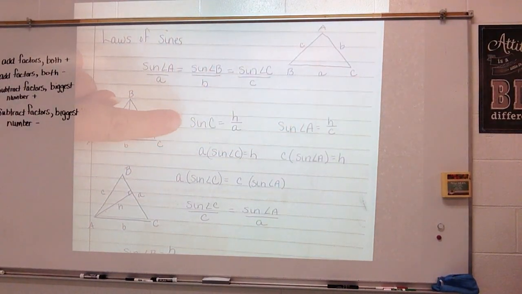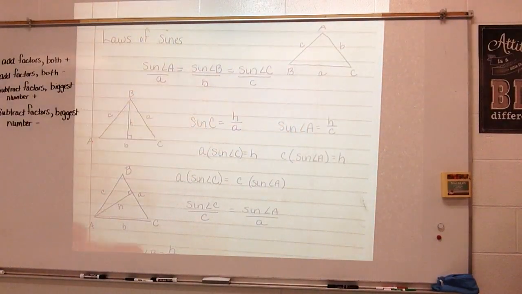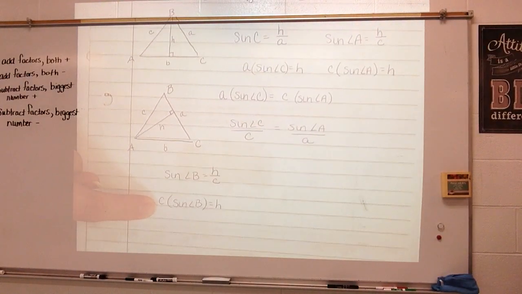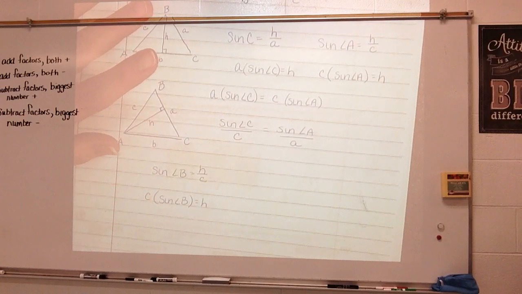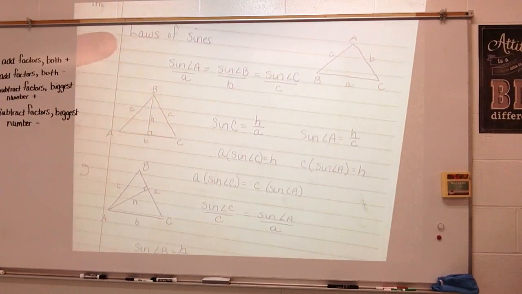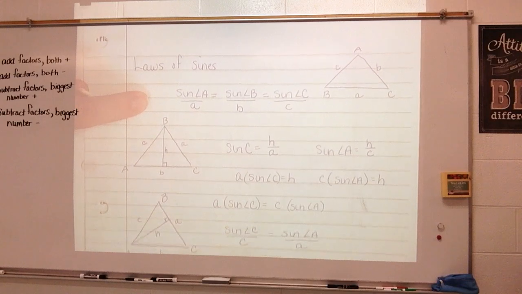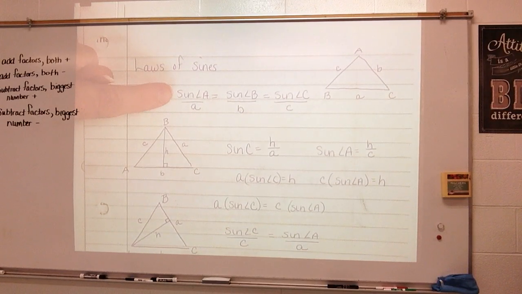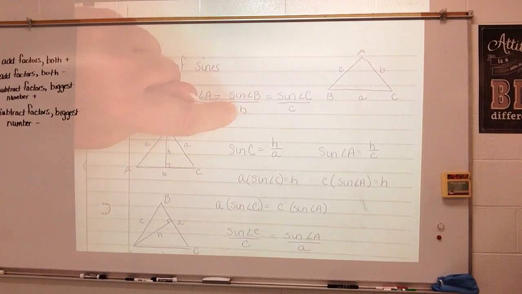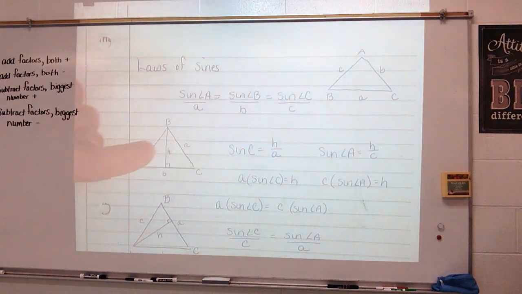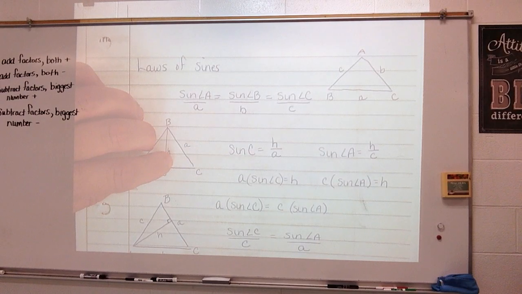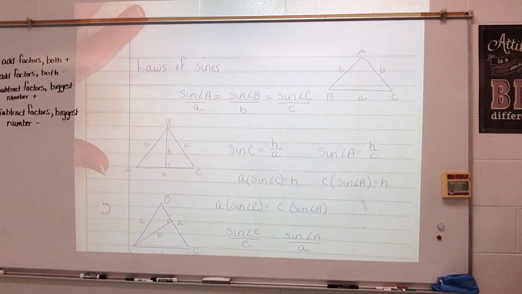And since we know that sine of A and sine of C are equal, they're all equal. So now I can go back to my law of sines and say that the sine of angle A divided by a is equal to the sine of angle B divided by b is equal to the sine of angle C divided by c. So we have proven the law of sines.